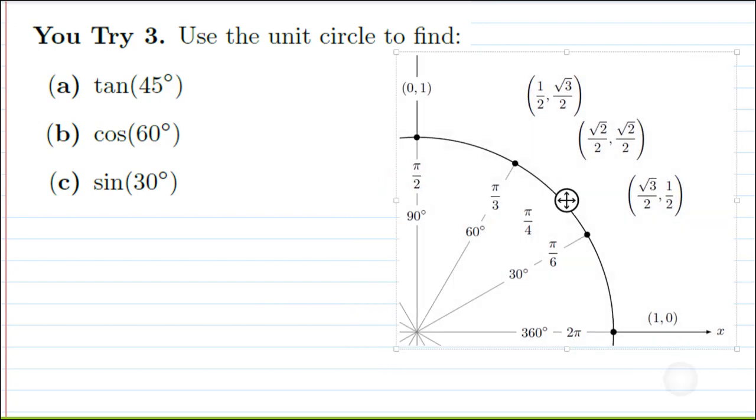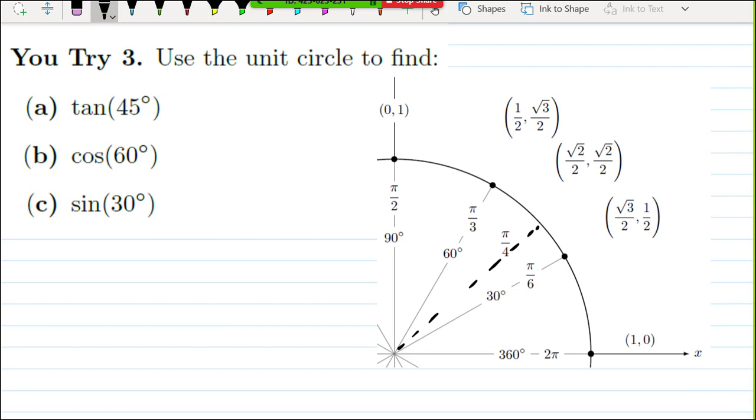My 45 degrees is right here, and that corresponds to this ordered pair right here, with our x value and our y value.